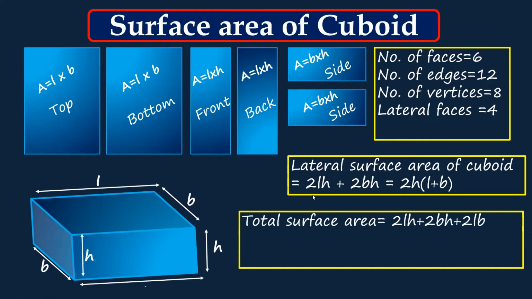It means that already we have 2 times LH plus 2 times BH, that is the lateral surface area of the cuboid, and we are adding the area of 2 faces which are top and bottom. Okay, so the total surface area equals 2 times length into height plus 2 times breadth into height plus 2 times length into breadth. That is, we can write down 2H into (L plus B) plus 2 into LB. So, 2 into (LH plus BH plus LB). In this way also we can write down the formula, right?